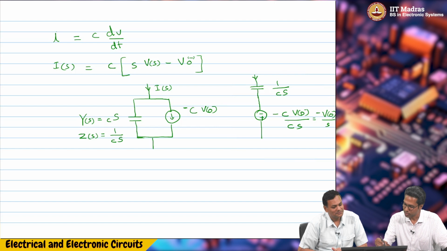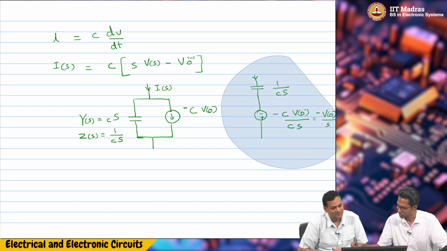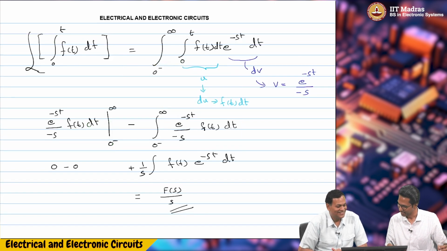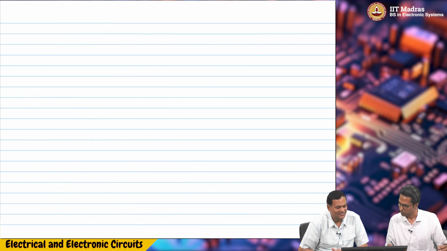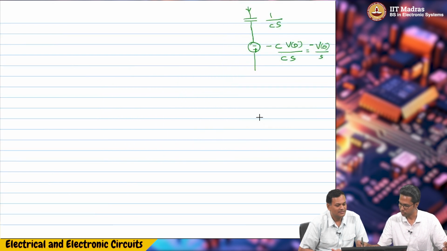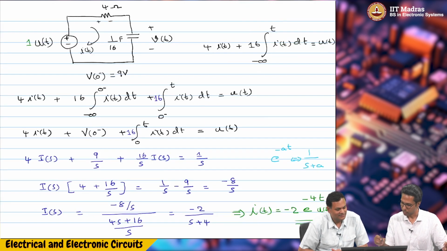So just for the sake of saving memory, I will copy this. So we'll do it in a fresh page. We have this information, and then this circuit we actually wanted to solve.